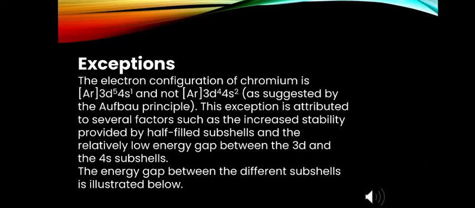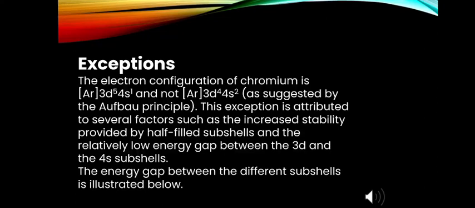Here the electronic configuration of chromium is 3d5 and 4s1. That is, one of the electrons in the s orbital has jumped to the 3d orbital, so that the 3d orbital will be half filled. As we know, half-filled and fully filled orbitals are more stable as compared to the others.